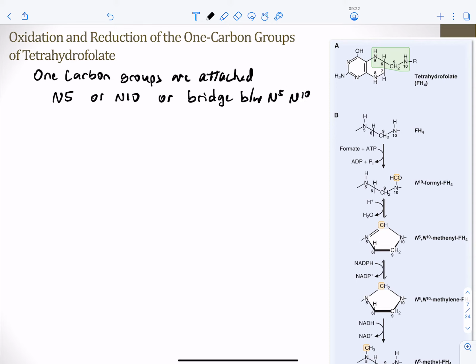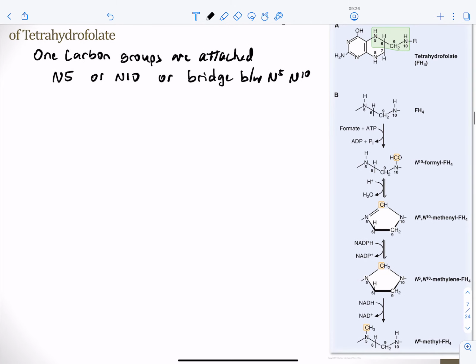And so, again, these are all going to be referred to as the one-carbon pool.